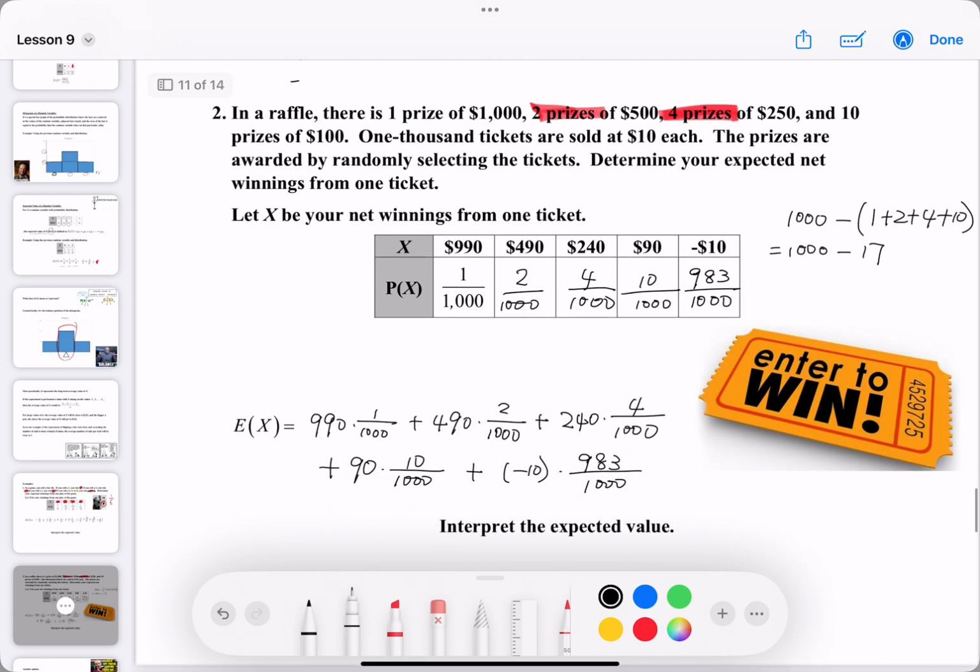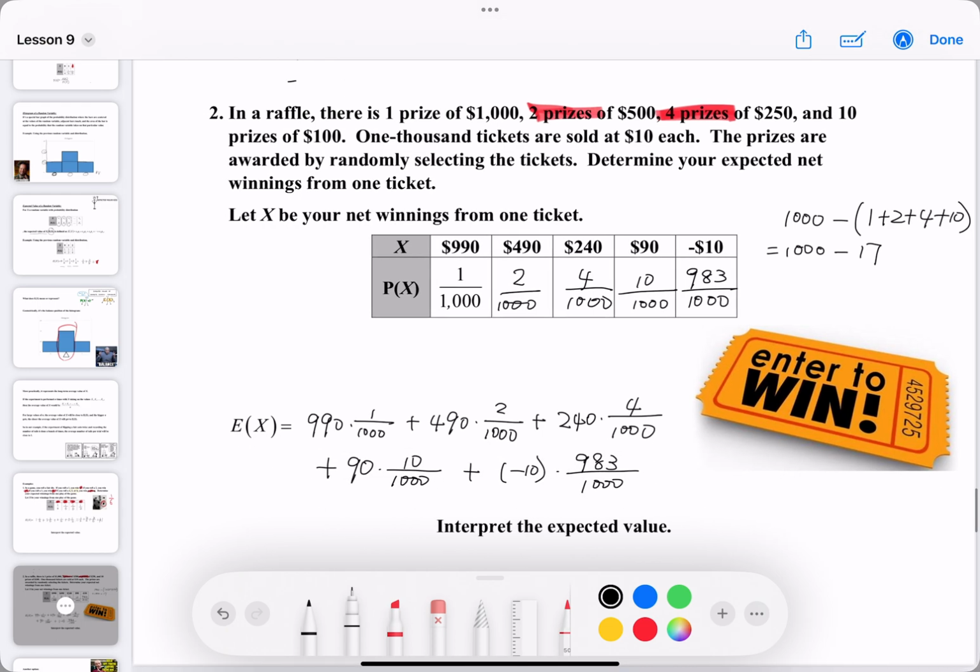We can use our calculator to help us find the expected value. And then I got negative 6. So negative 6 means negative $6.